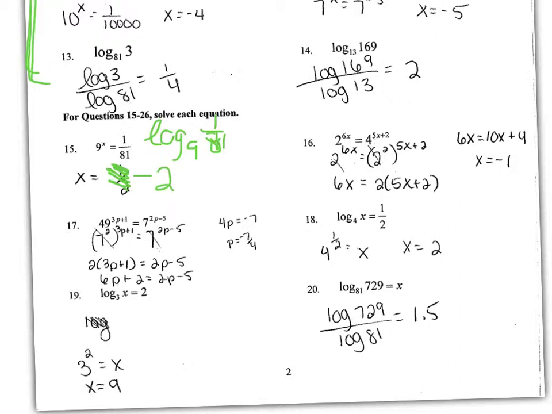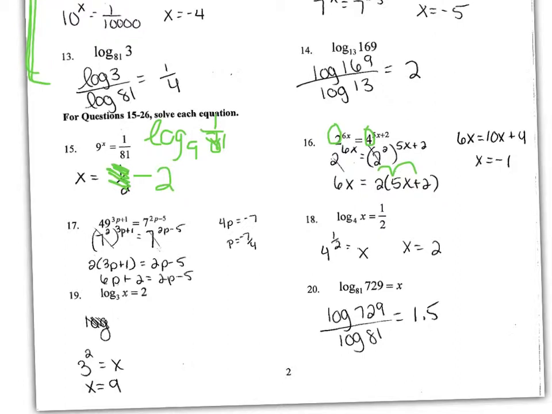For 16, if I have a 2 as my base here, it would be great if I could have a 2 as my base for this one. So I'm going to convert the 4 to become something with a 2 as the base. 4 is 2 squared, so I can convert 4 to be 2 squared. Once I do that, then I can cancel out my bases of 2 and then distribute the 2.